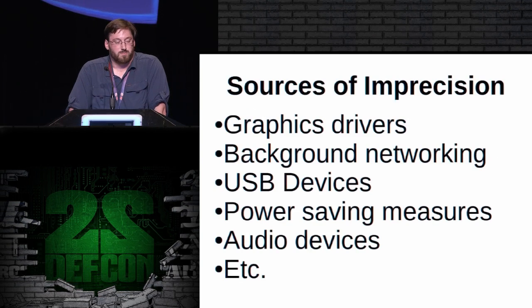There are lots of things that can make your data collection imprecise: graphics drivers, background networking. Basically, you want to turn as much of the machine off as you can, and then once you've verified that you can actually conduct the timing attack, you can move it back to being a more normal system and design your parameters so that it works.